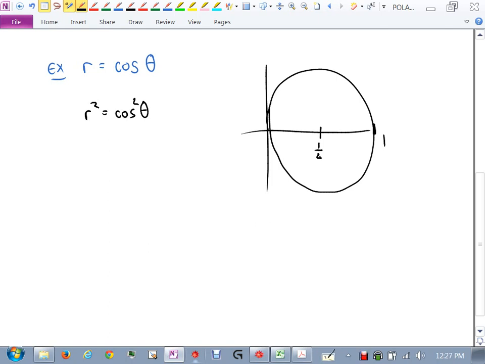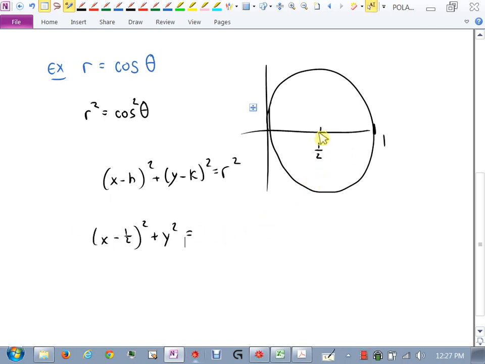Do you remember the equation of a circle if it's centered at (h, k)? If I use this formula, what's the center? (1/2, 0), right? So this would turn into (x minus 1/2) squared plus y squared equals the radius squared.